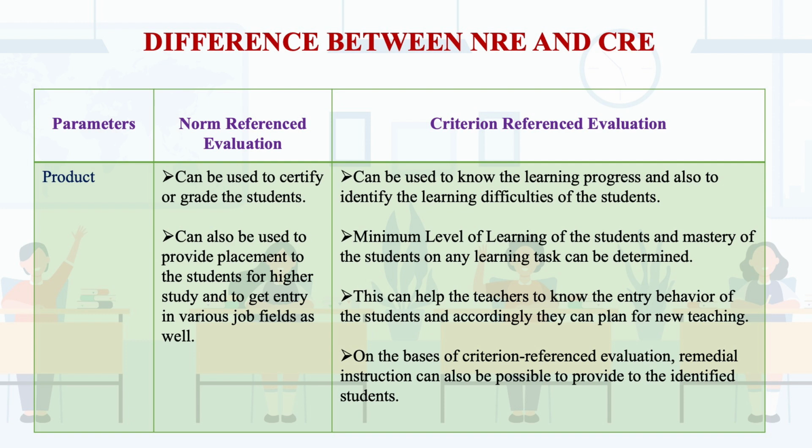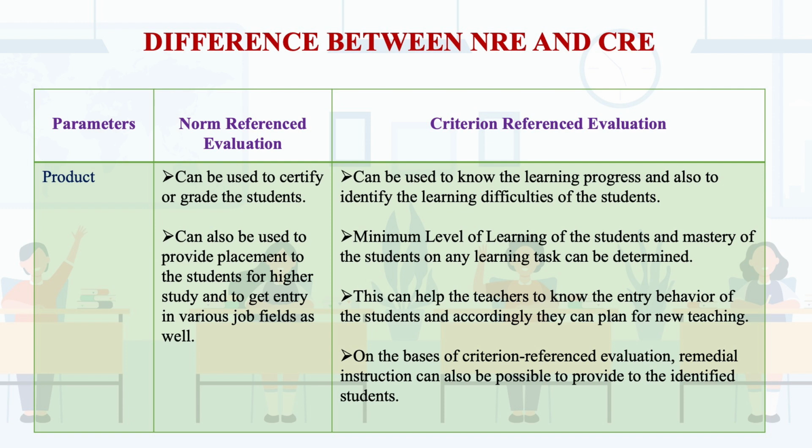The difficulties, the causes and the factors of the difficulties should be identified, and accordingly proper remediation or remedial measures should be provided. And further, the minimum level of learning of the students and mastery of the students on any learning task can be determined by using criterion reference evaluation.